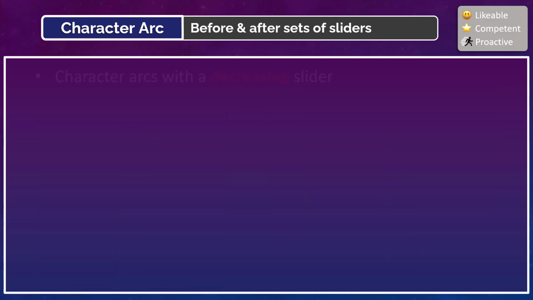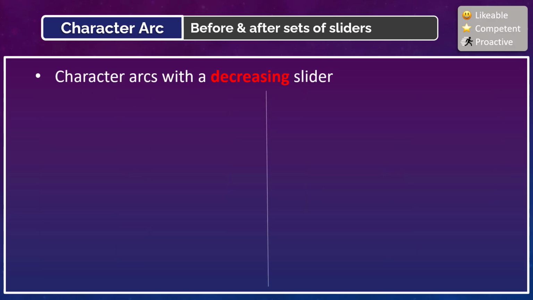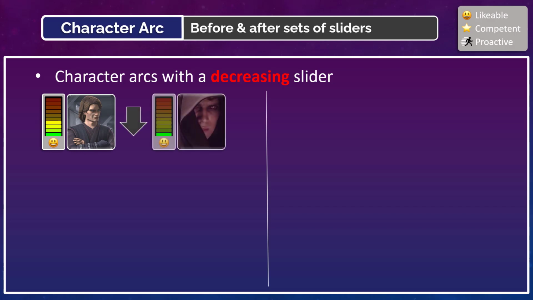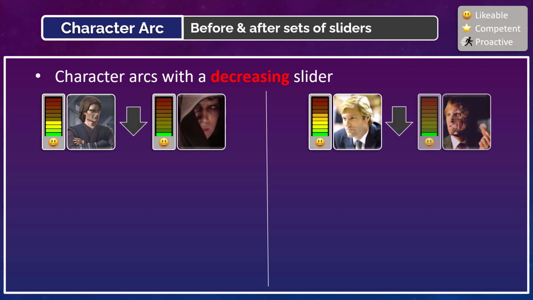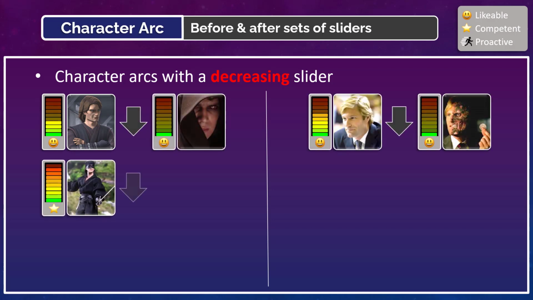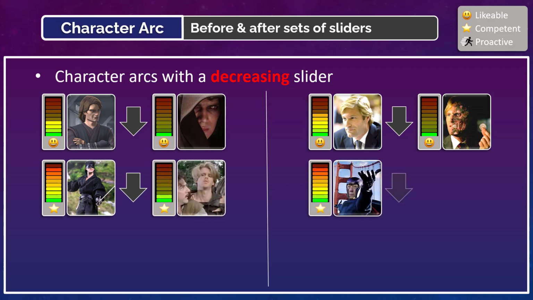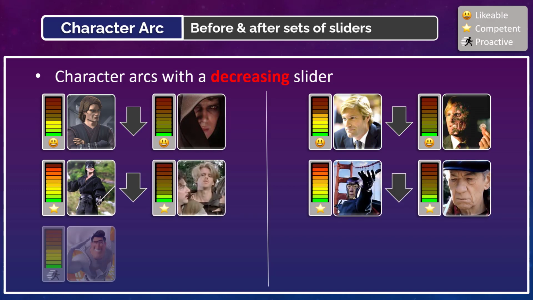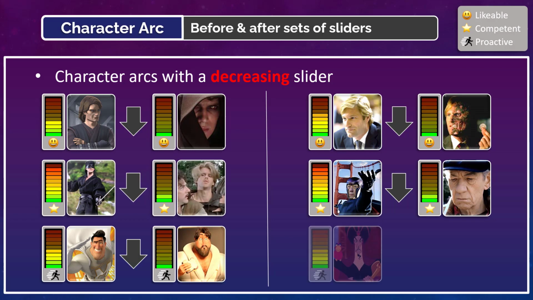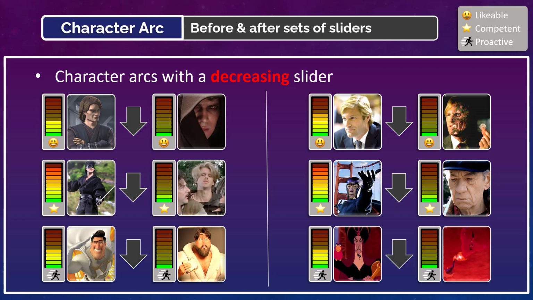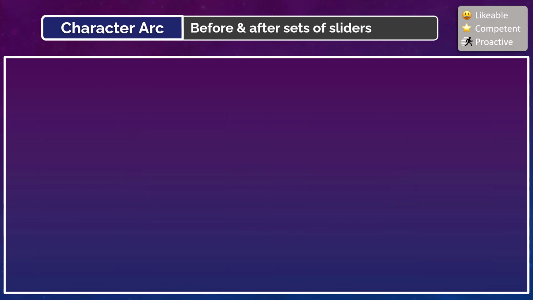A character arc can also be a decreasing of a slider, like Anakin Skywalker or Harvey Dent decreasing their likability, Wesley or Magneto decreasing their competence, or Metro Man or Jafar decreasing their proactivity. A villain's arc often includes a sudden decrease in competence or proactivity at the end of the story, as they are stripped of their power or locked away by the hero.